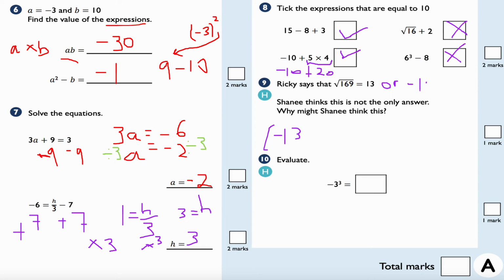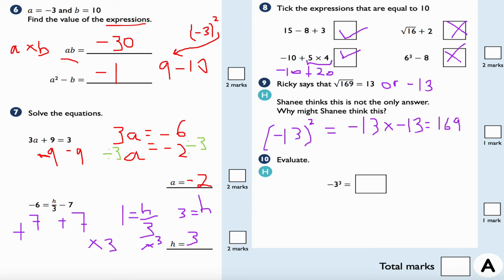Because if I square -13, it's -13 times -13, a minus times a minus, the sign becomes positive. So -13 times -13, and feel free to check this on your calculator, is positive 169, or if you insert the brackets around 13 and then write the power of 2, that will also give me 169. So Shane is thinking about the other number, because if I square a negative, I also get a positive.